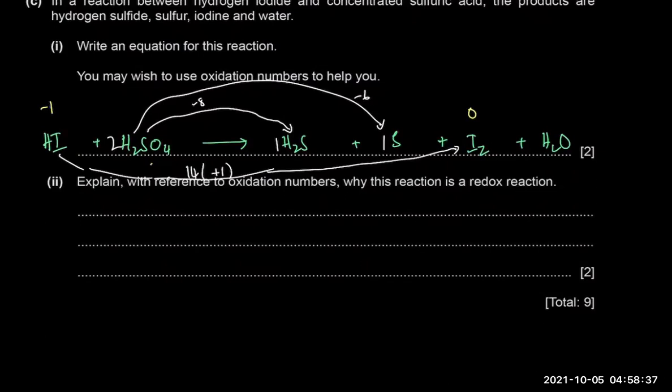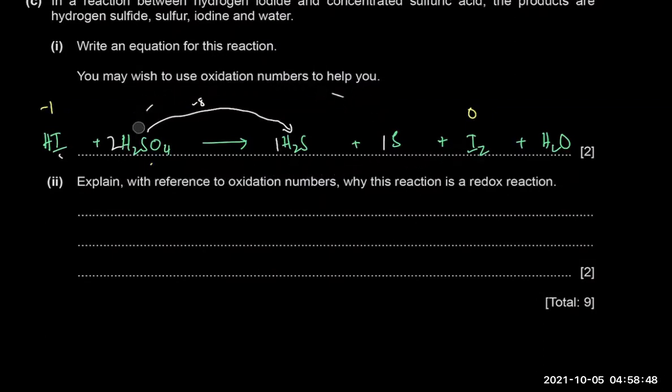Agreed? So we're going to have 14 HI for every 2 sulfurs. So we can say that we have 14 HI.